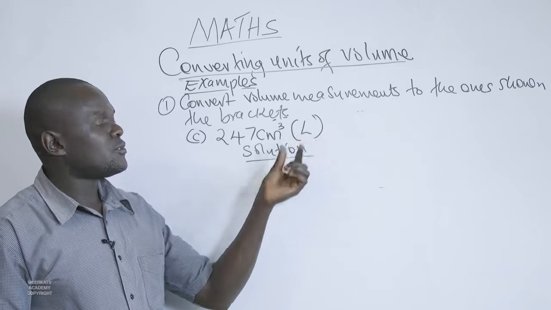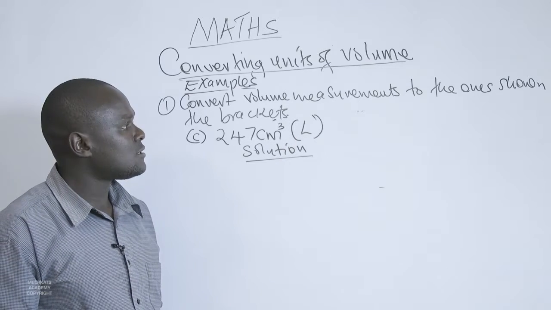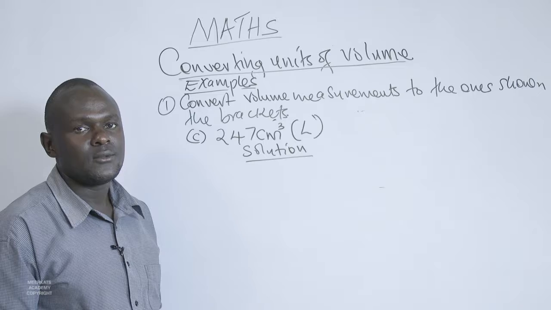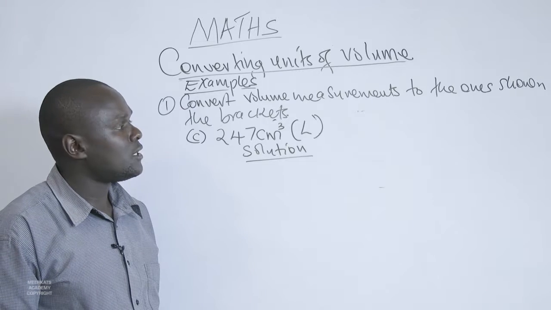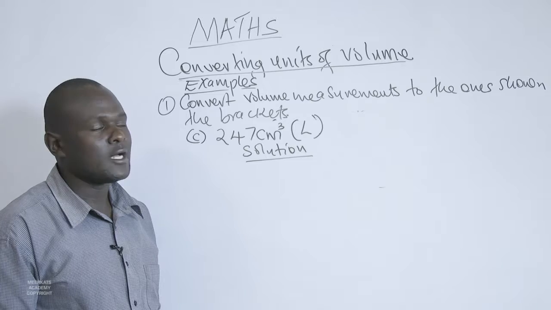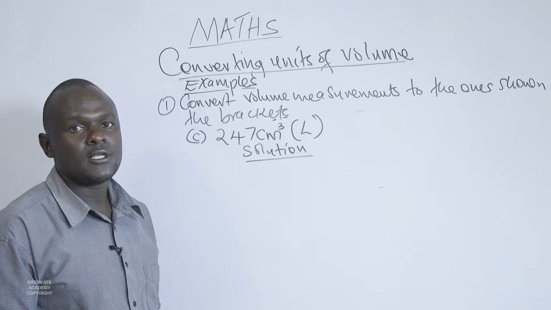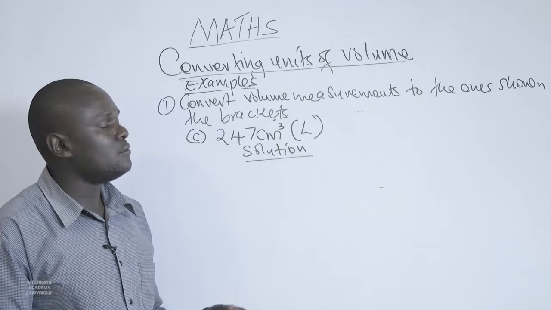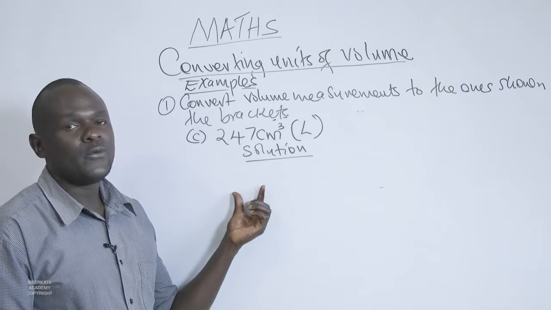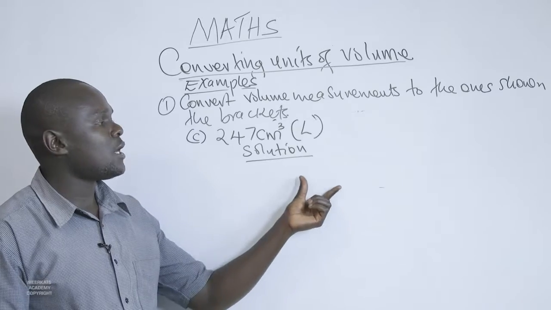When we are talking about liters, milliliters, deciliters, those kinds of units, we are basically talking about the capacity of a given container. We will be moving away from volume to capacity.